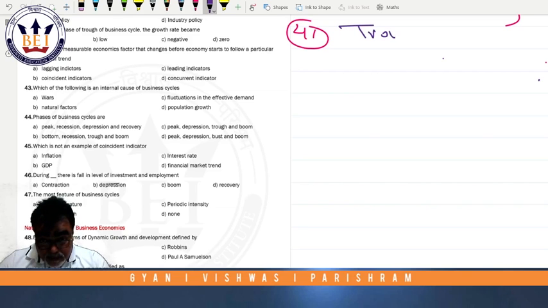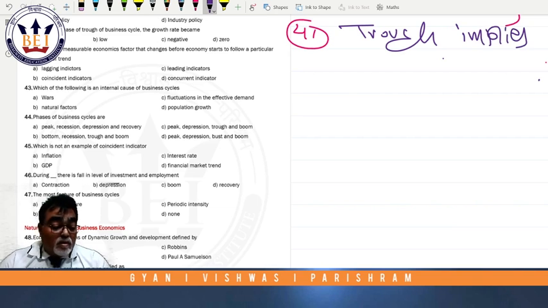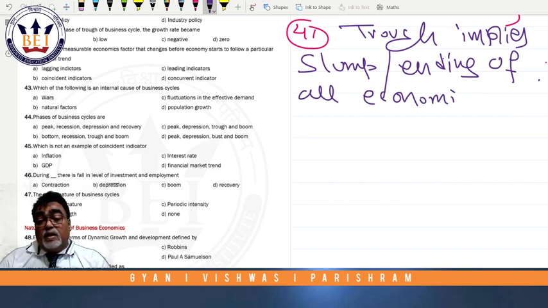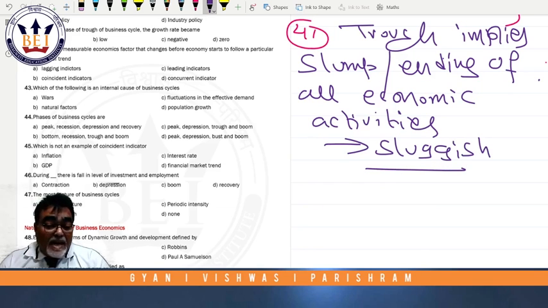Trough implies slump or ending of all economic activity. Simple, son. All economic activities, that is, everything is sluggish. Common sense: if economic activities end here, obviously the growth rate should be negative.